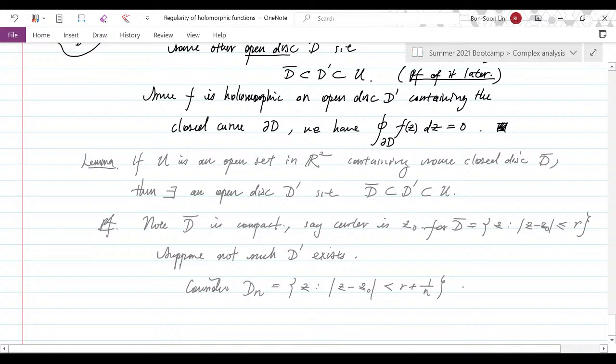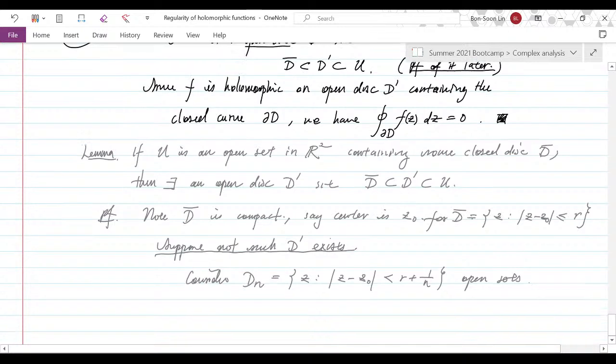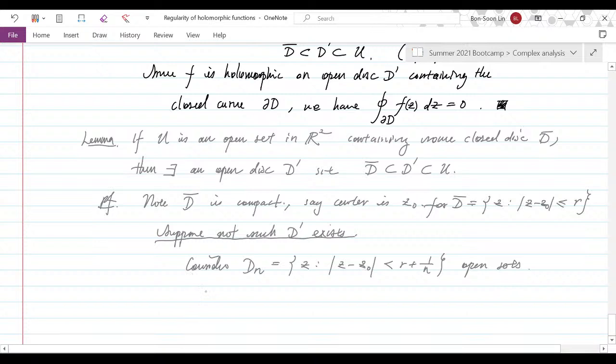Okay, so these are open sets. Since we're assuming to the contrary that no such open disk exists that can sandwich between D bar and U, this means that Dn is not in U, for each n.